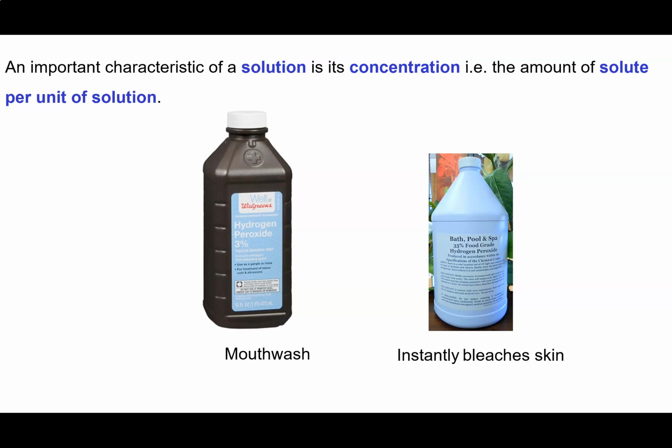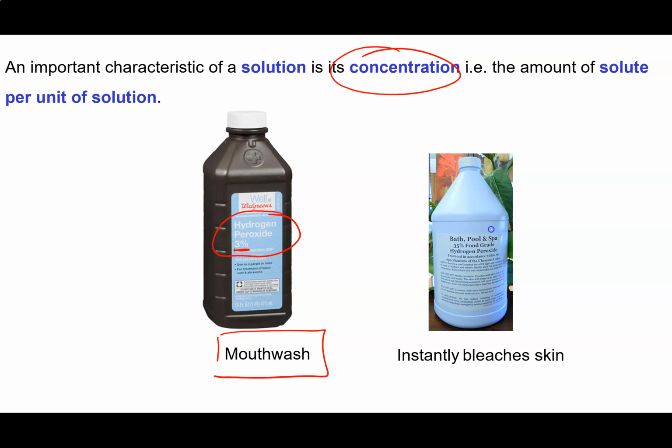A really important characteristic of a solution is its concentration, and the properties of a solution can vary enormously depending on the concentration of the solutes present. So a good example of this is looking at different solutions of hydrogen peroxide. Hydrogen peroxide with a concentration of 3% is often used to clean wounds and as a mouthwash, and it's pretty harmless.